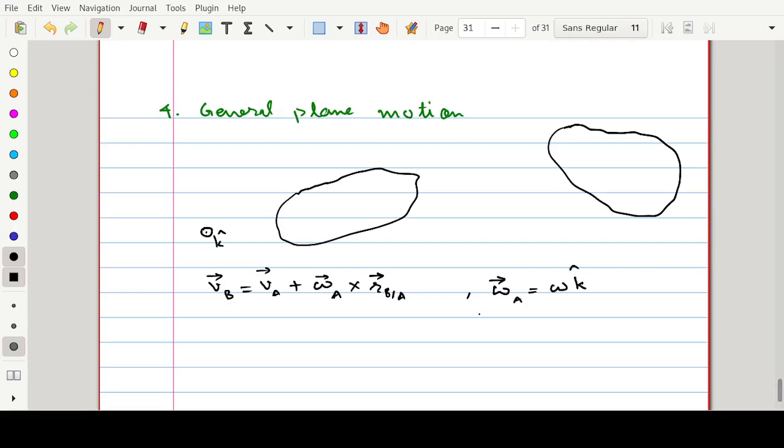This is different from rotation about a fixed axis, because Va is not 0 here. But like rotation about a fixed axis, rotation is given like this.